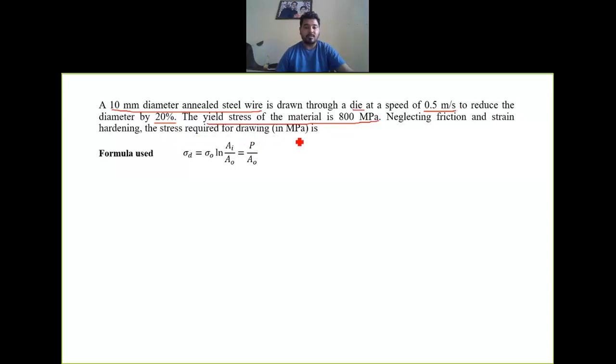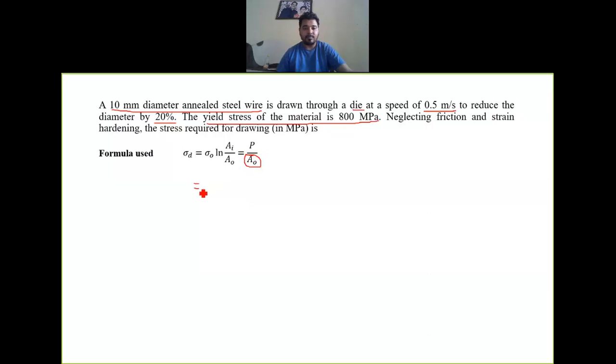For calculating the stress in the drawing operation, we use force upon outer area, so we have to calculate the outer area here. The drawing stress will be sigma naught ln AI upon AO.